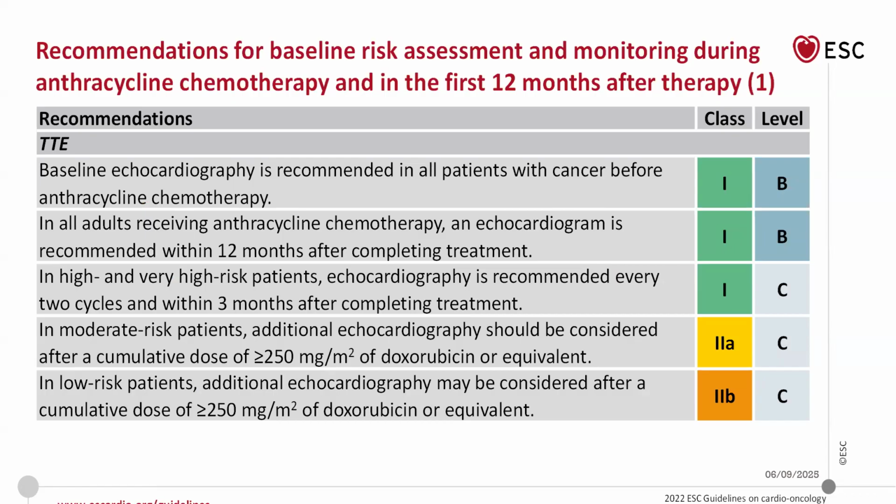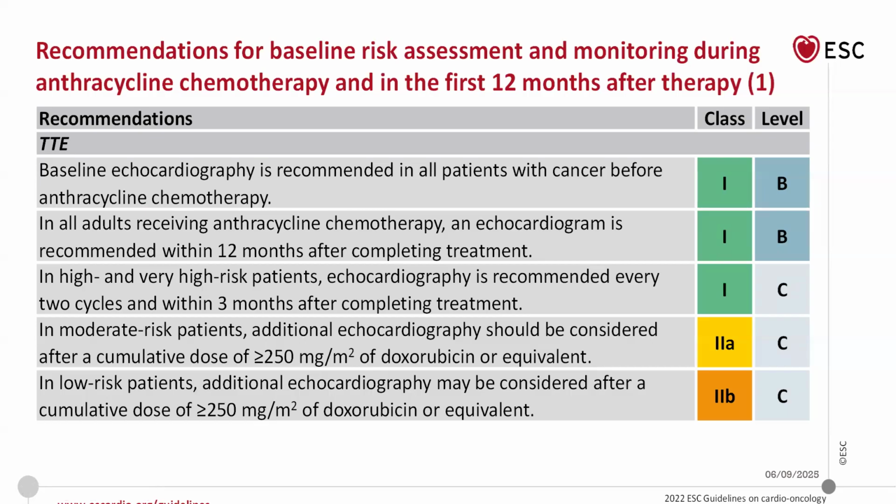An echocardiogram is recommended within 12 months after completion of the treatment. In high risk and very high risk patients, echocardiography is recommended every 2 cycles and within 3 months after completion of their treatments. And all these have a class 1 indication.